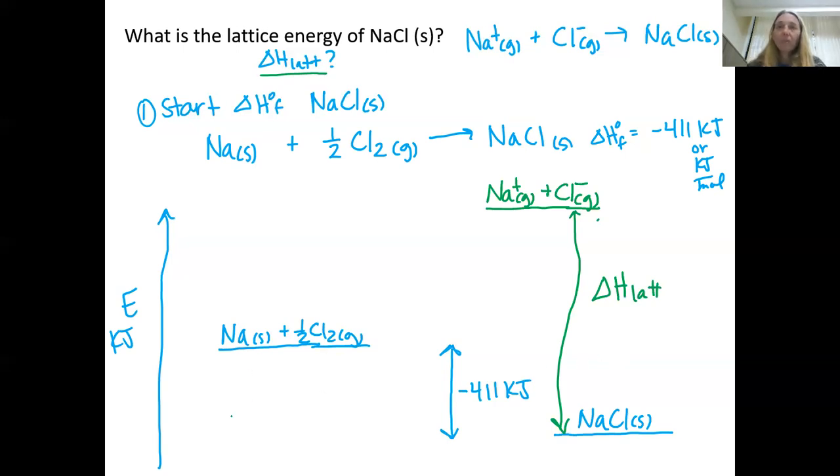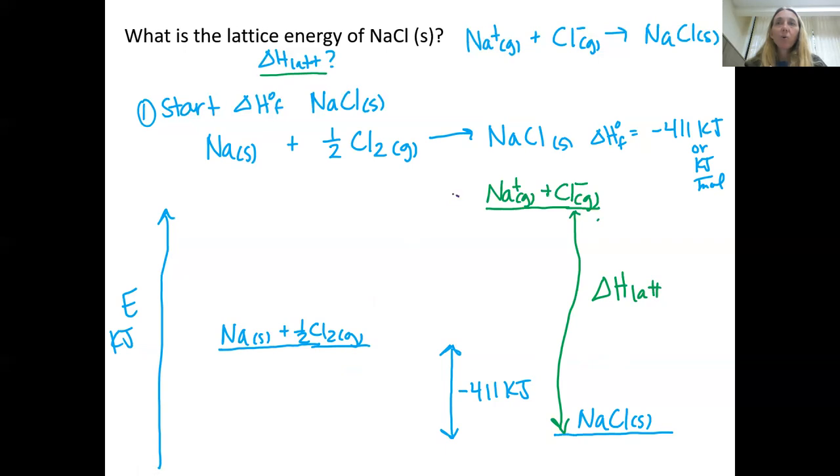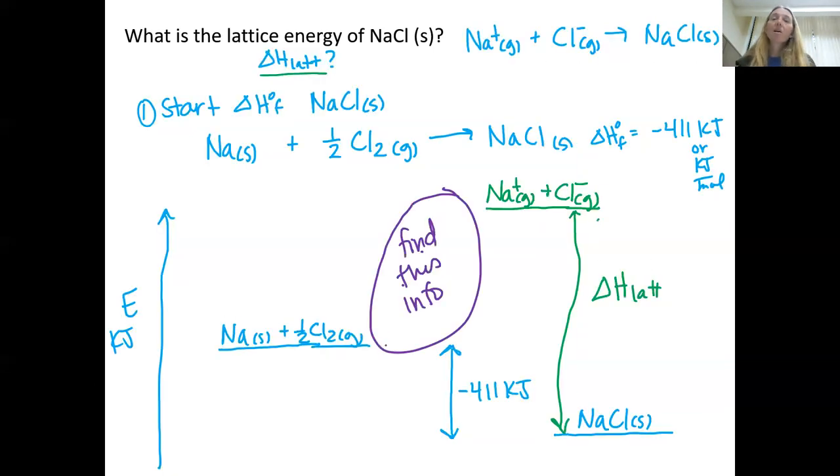And so I can hypothetically come up with steps to complete this cycle. So I want to know what happens here. With lattice energy, I have Na+ gas and Cl- gas, and whatever energy that releases, so we have a negative number, is going to form sodium chloride.